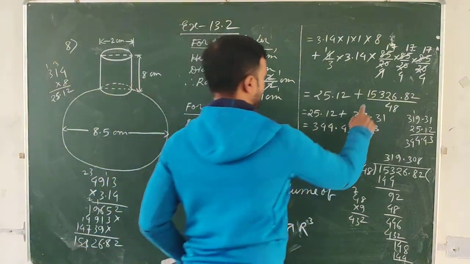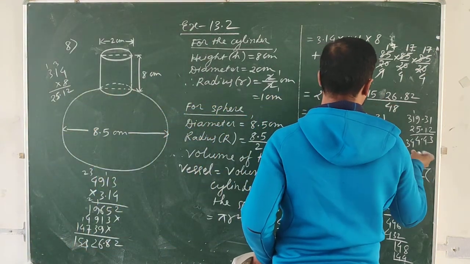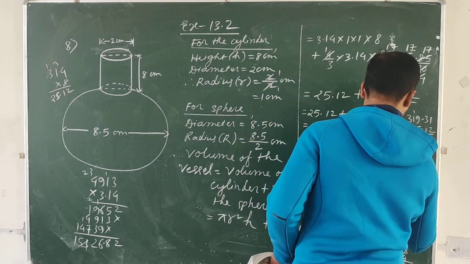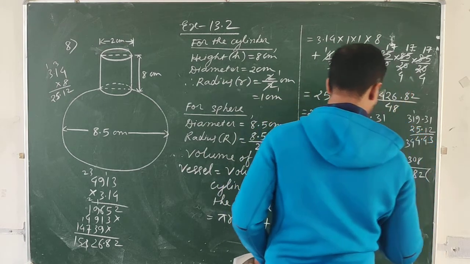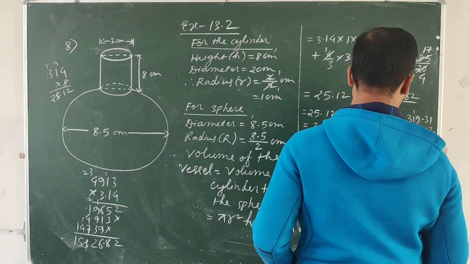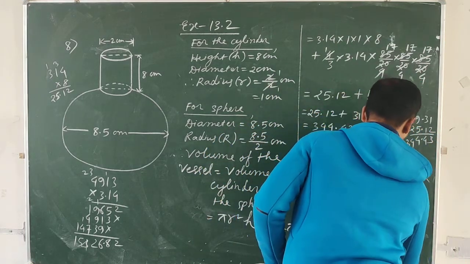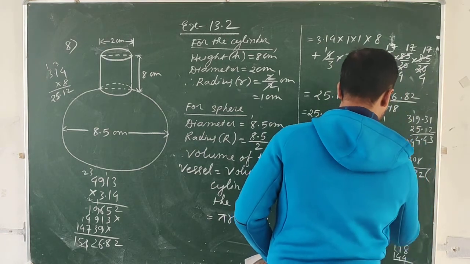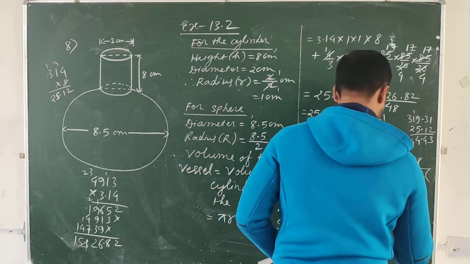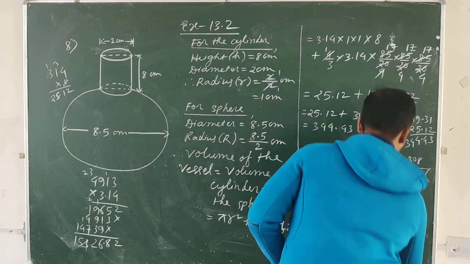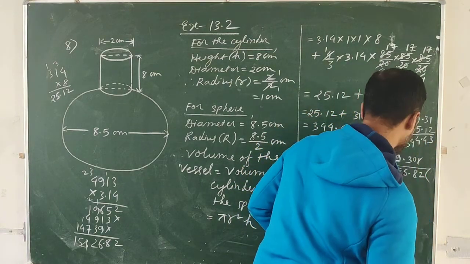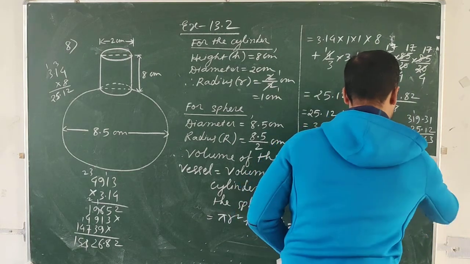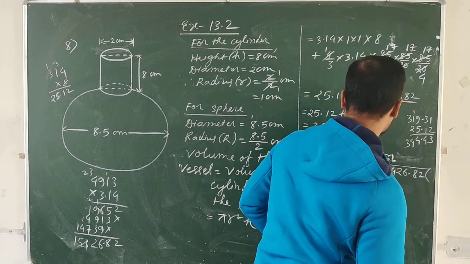This will be 154. So it is 154. This will be 0 and 1. This will be 2 times. 2 times will be 96.